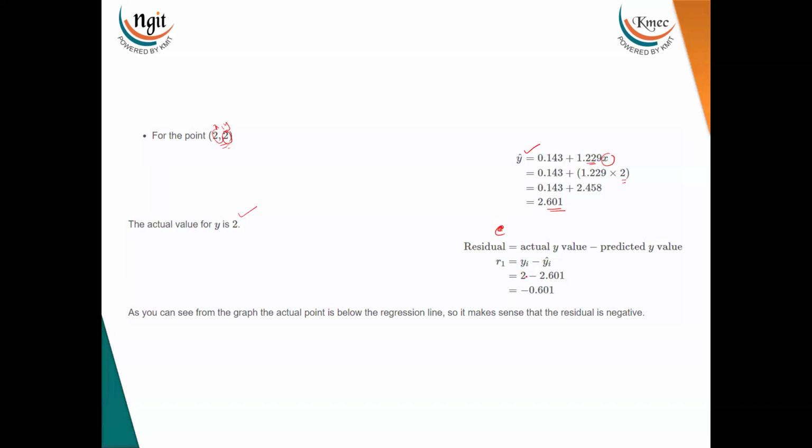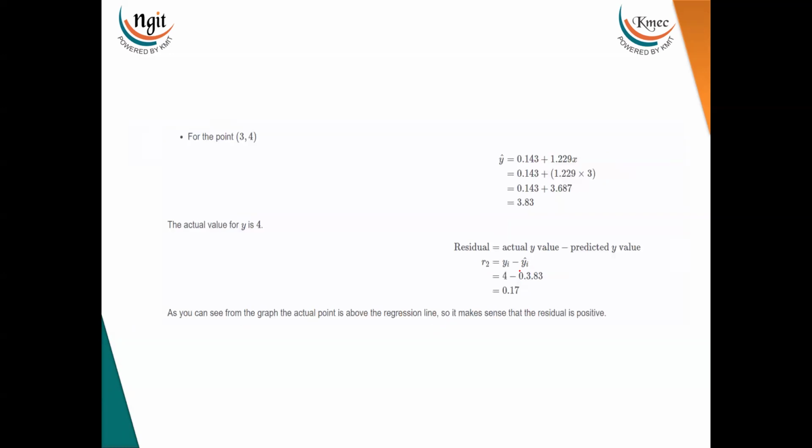So yi is 2 minus the predicted value 2.601, so it is minus 0.601. As we have already seen in the graph, the actual point is below the regression line, so it makes sense that the residual is negative. Yes, of course, it is negative, and in the graph also it shows that it is below the regression line. Our condition is satisfied.